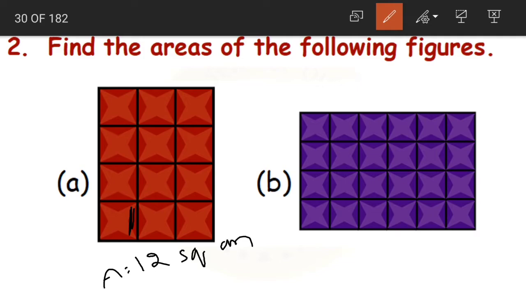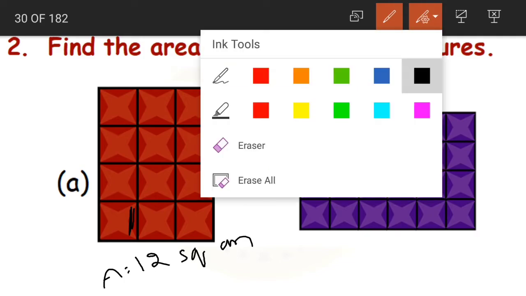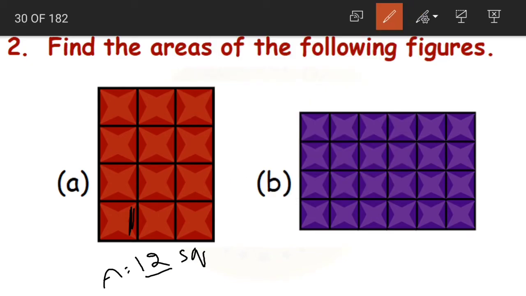I do not know whether it is in centimeters or meters, and we do not even know the length of those squares. So simply the area becomes 12, because there are 12 squares. And as we are counting the squares, the unit of measurement becomes square unit.